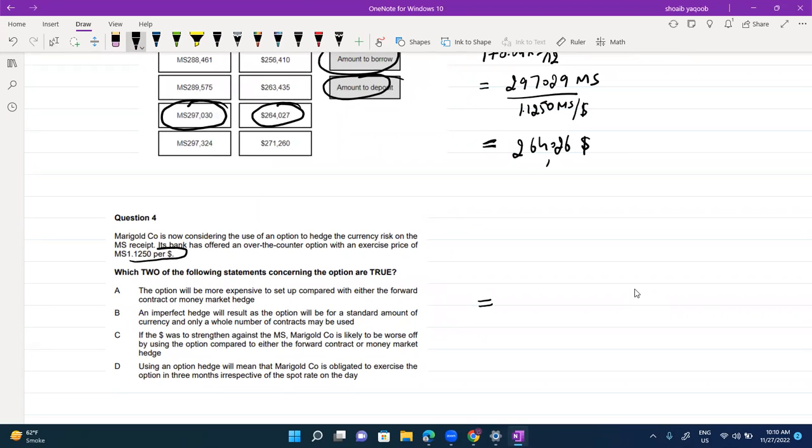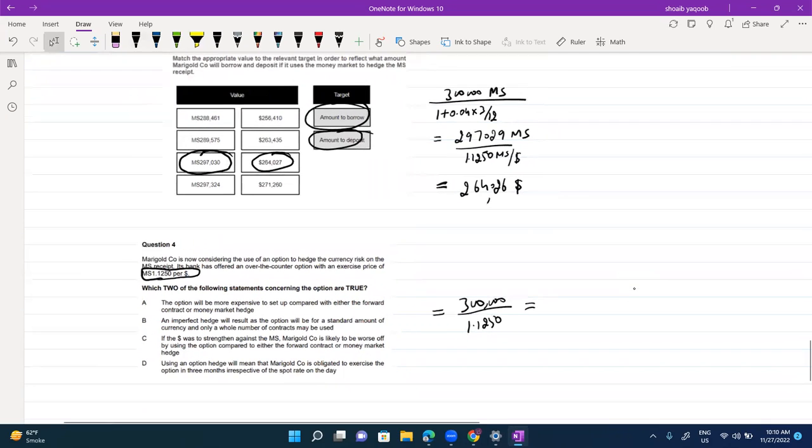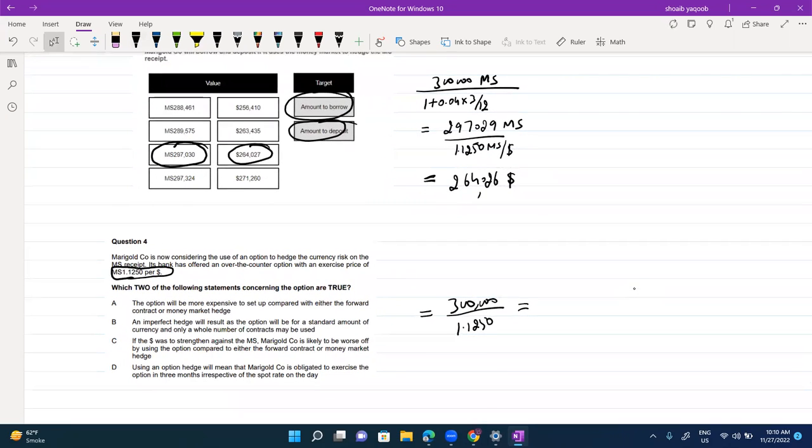Option पे आपको ये रेट मिला है. तो 300,000 MS डिवाइड करें 1.1250 पे, क्या बनता है? ऑप्शन आपको मिला ना 1.1250 पे.